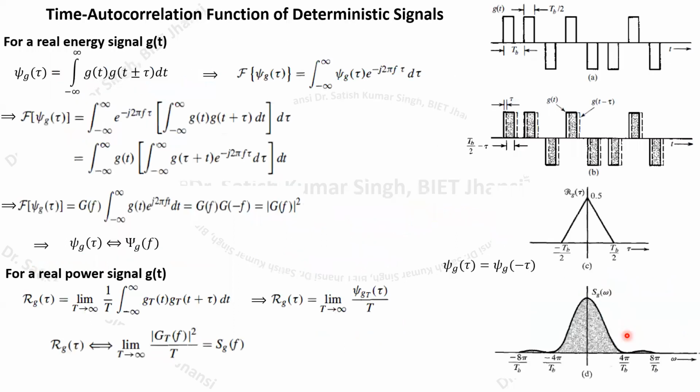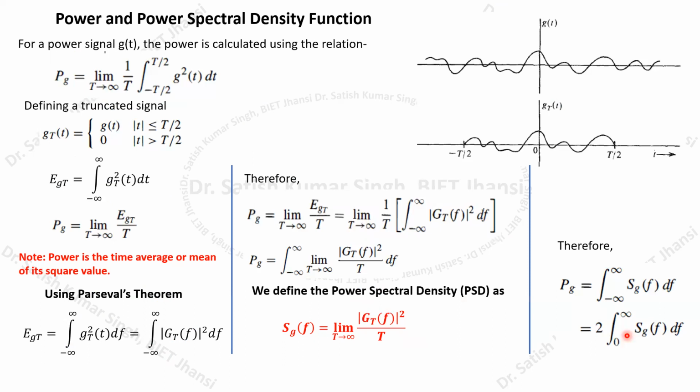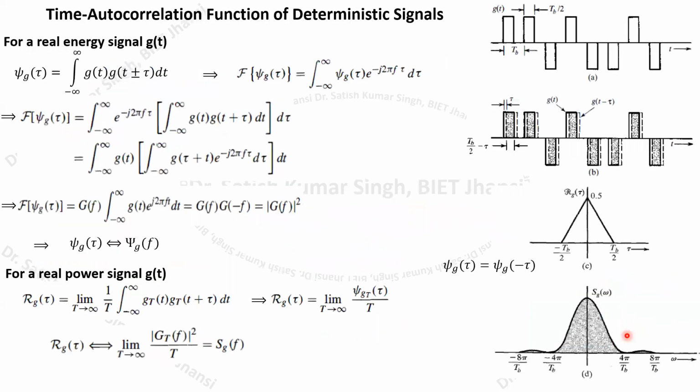Now, as we said, we are calculating this power. Power spectral density also has a certain relation with the time autocorrelation function. So here we have to see how the time autocorrelation function of deterministic signals can be defined. Suppose we have any real energy signal.